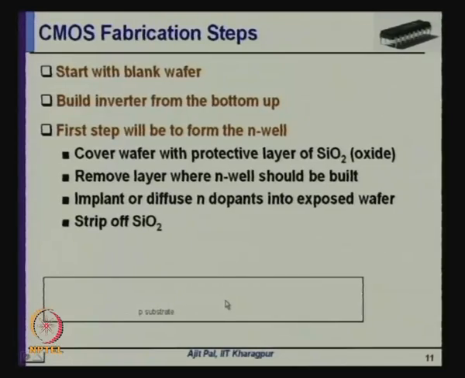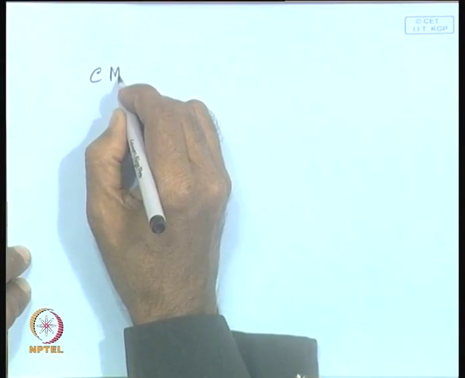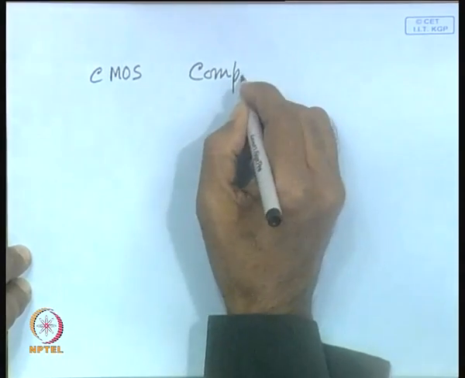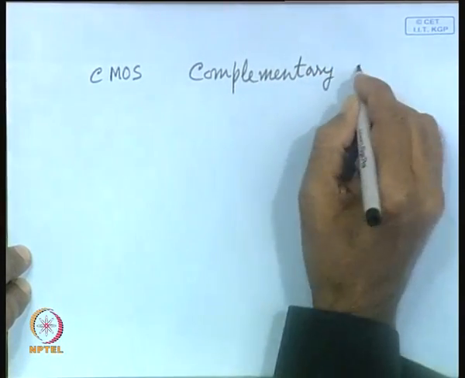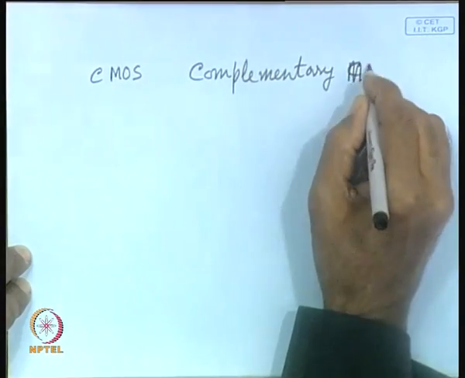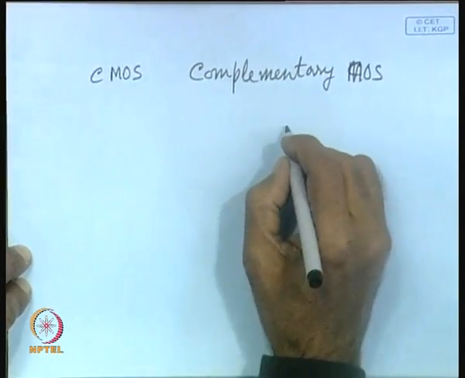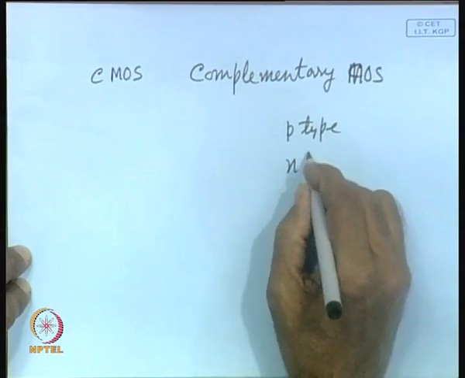As I have told, you can have 4 different types of transistors. CMOS, which stands for complementary MOS, requires 2 types of transistors, one p type transistor, another is n type transistor.